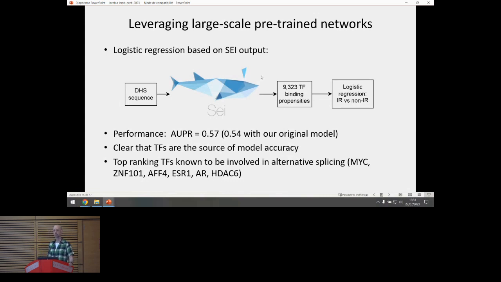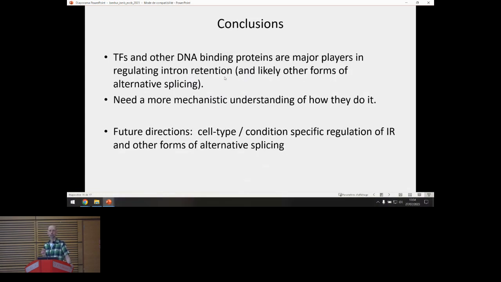So in conclusion, what I hope to have gotten across is that transcription factors and other DNA binding proteins are major players in regulating alternative splicing. So we need a better understanding of how this works. In future work, this was very simple, retained, non-retained.